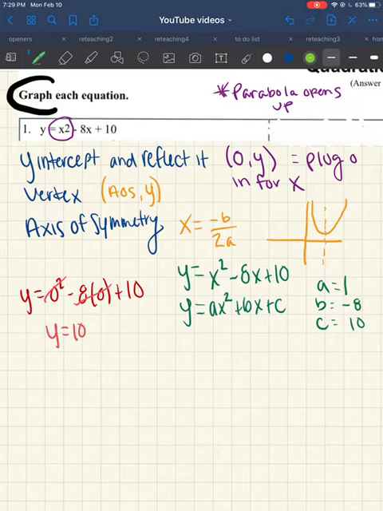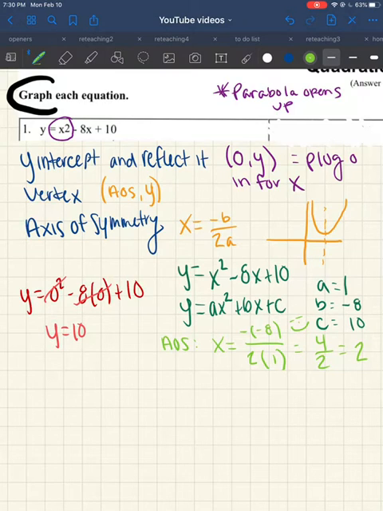So I'm able to plug in my axis of symmetry. X equals negative negative 8 over 2 times 1. Okay, so negative times negative is a positive. So that's going to give us 8 over 2, which will then give us a 4. Okay, so I have my axis of symmetry.